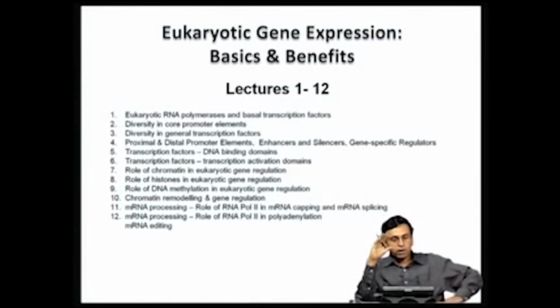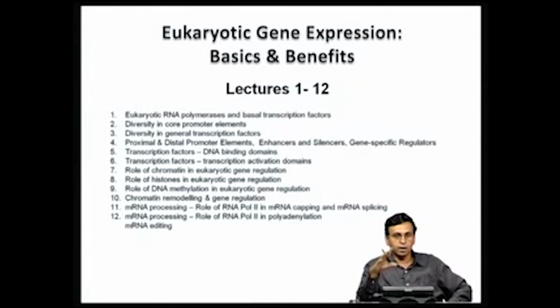So we now come to the conclusion of this particular lecture. This is the 12th in this course, so lectures 1 to 12. Primarily we have focused our attention on the synthesis of messenger RNA, and how messenger RNA synthesis is regulated inside the cells.